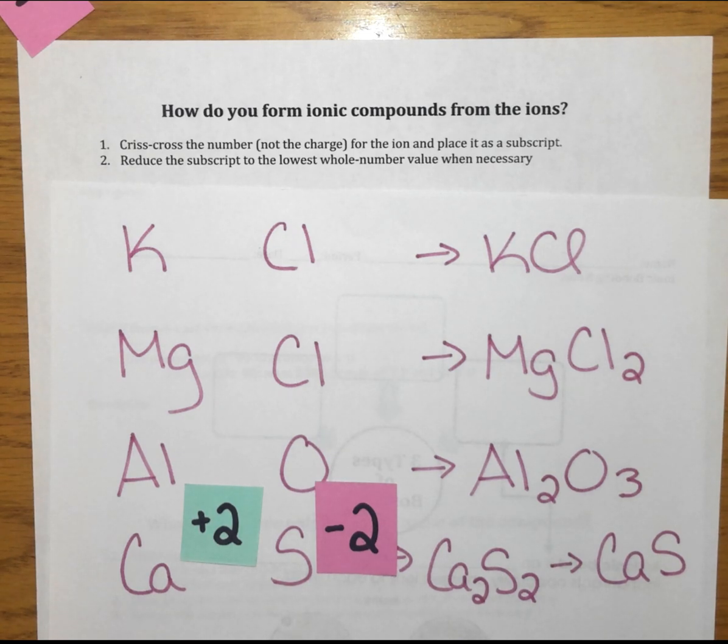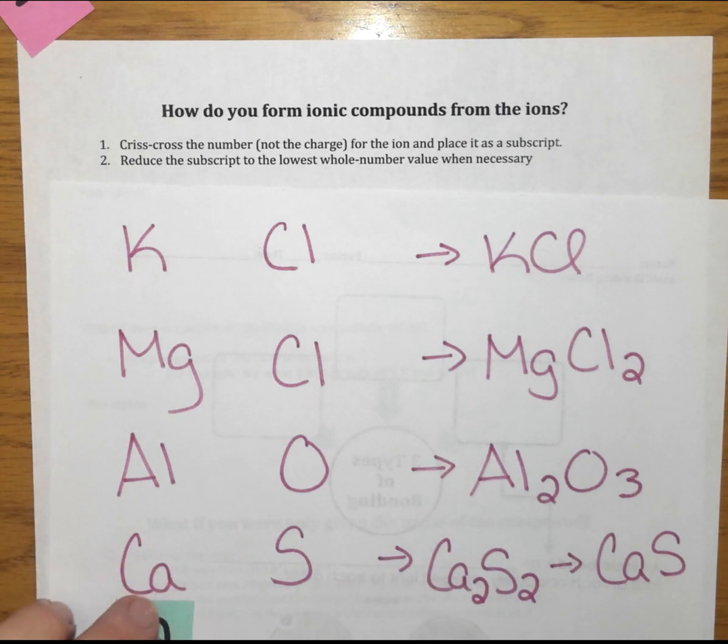Now, the next thing we want to look at is how do we name these? Now, this right here is our easy part, okay? Because naming ionic compounds can be really simple when we aren't dealing with polyatomic ions. Now I know I haven't mentioned this word yet, but monatomic means 1 atom.